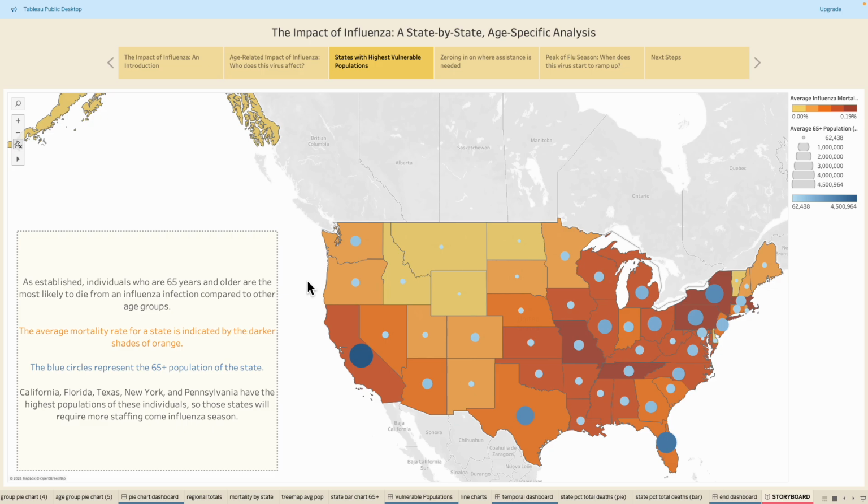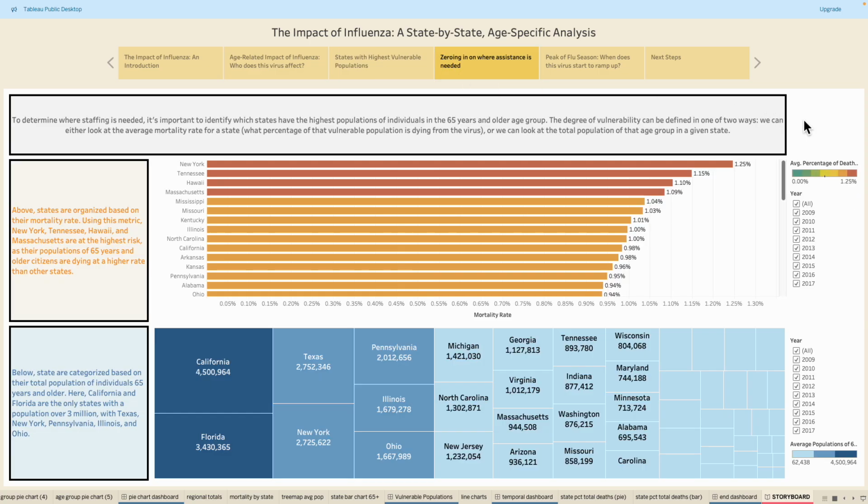But I thought it was important to at least lay out the United States to see where these individuals are located. To zero in on this a little bit more, again looking into metrics of mortality rate and total population, this helps us visualize these two issues in a couple of different ways. And I think here's a good point to stop and think about which one of these may be more valuable.